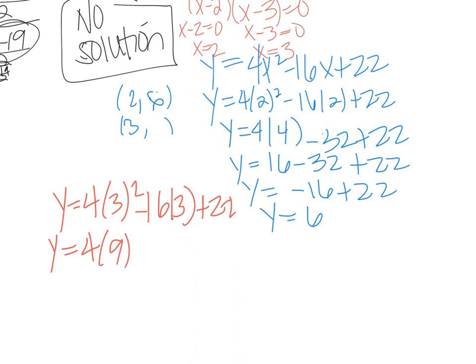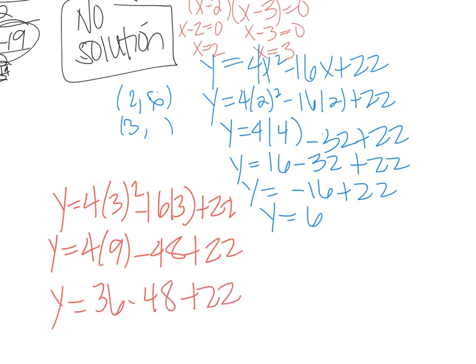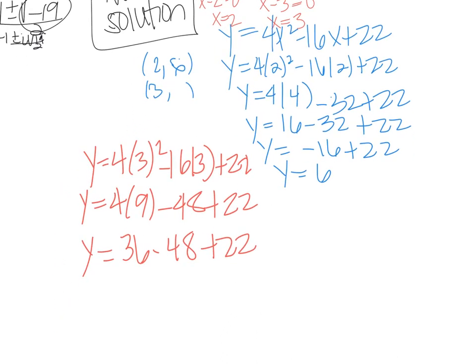Negative 16 times 3 is negative 48. And then I have the positive 22. So this makes 36 minus 48 plus 22, which gives me negative 12 plus 22, which is 10.